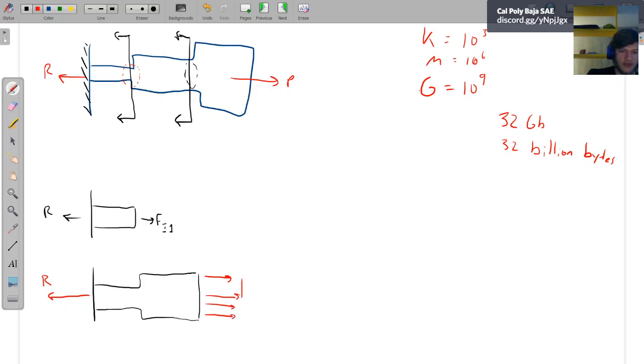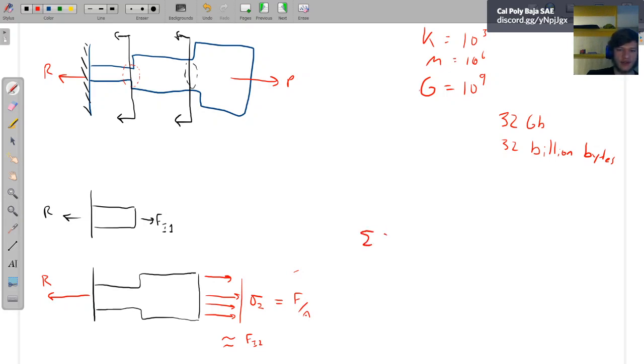So this is sigma, we'll call it sigma of section 2. We can also write sigma of section 2 as a force over an area. So we can say this is equivalent to some internal force 2 acting here.